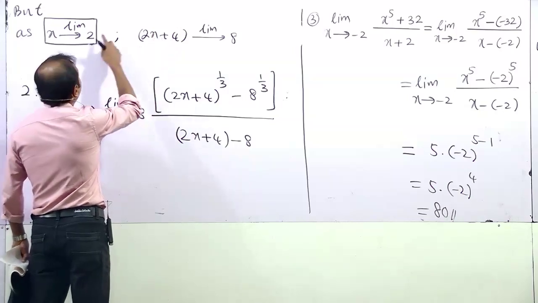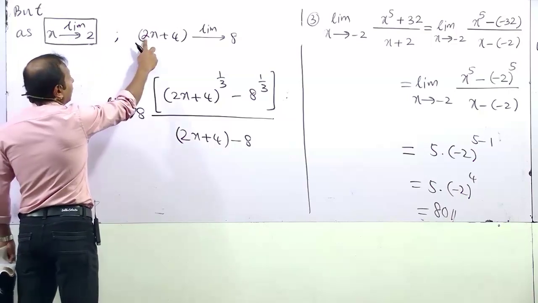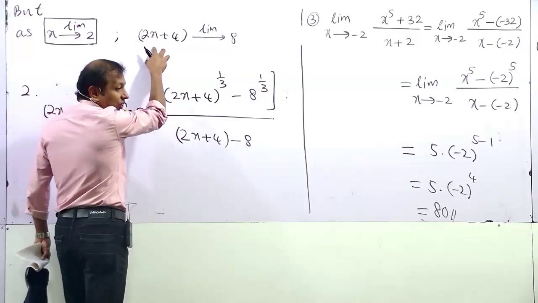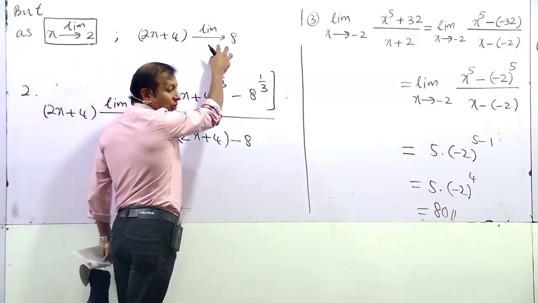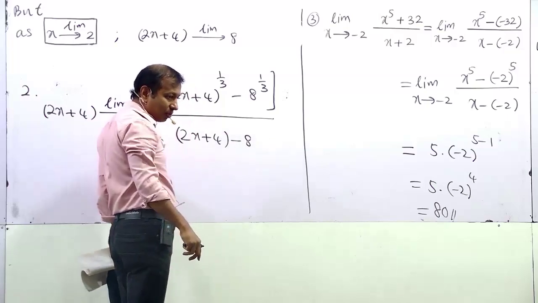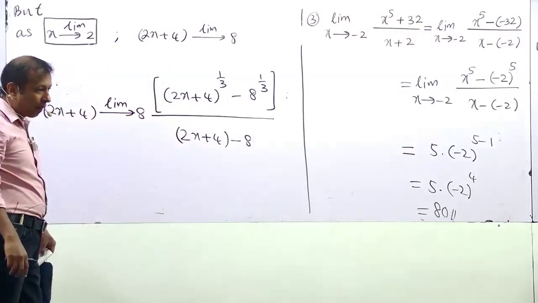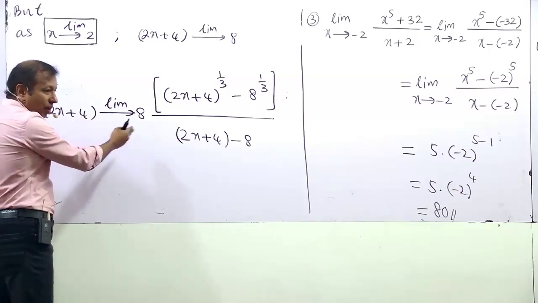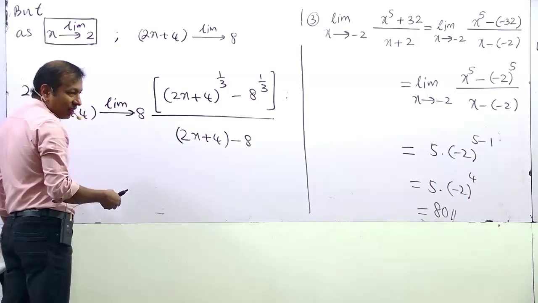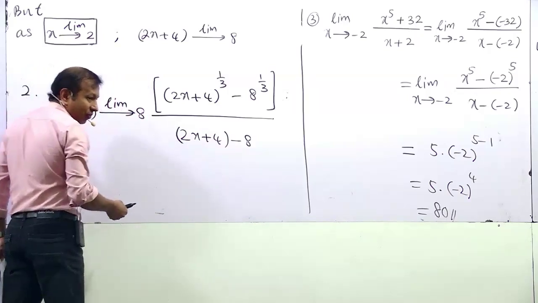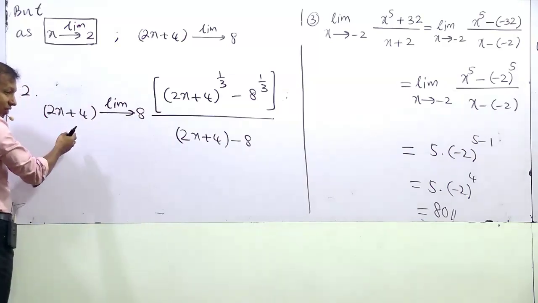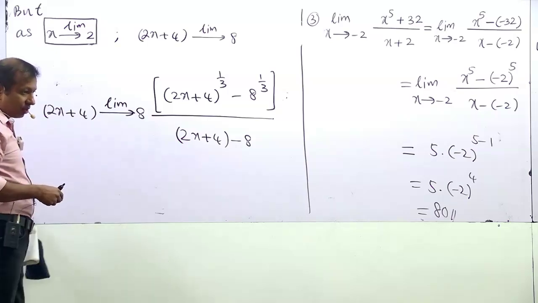And put another one for this x, 1.9: 2 into 1.9 plus 4. And see all those values, you can see those values will go to 8, no? That's what it is. 2x plus 4, because we need that here to apply our theorem. This should go to this 8, no? Therefore, this limit x going to 2 should not be here, but we should have this there. That's why we search for that. Understand? Yes.